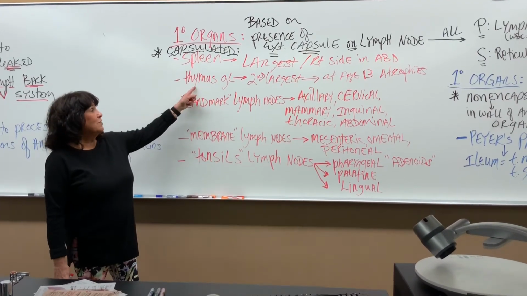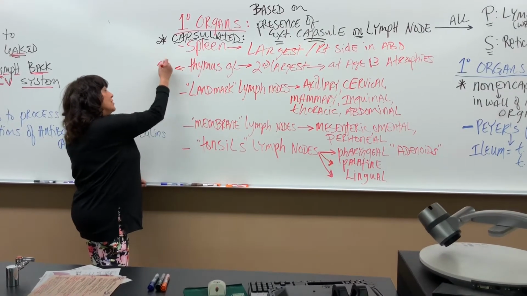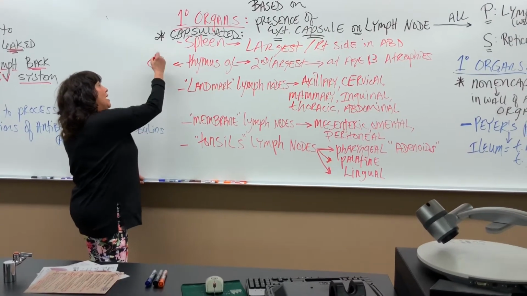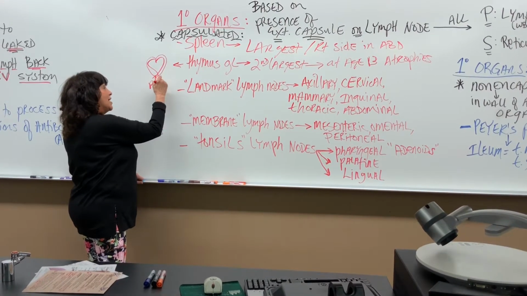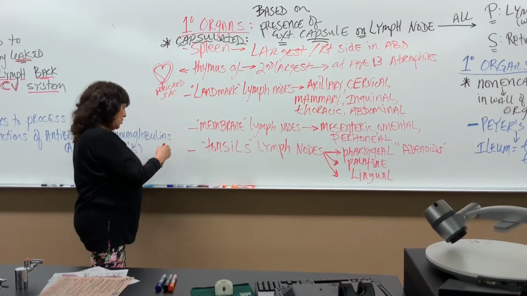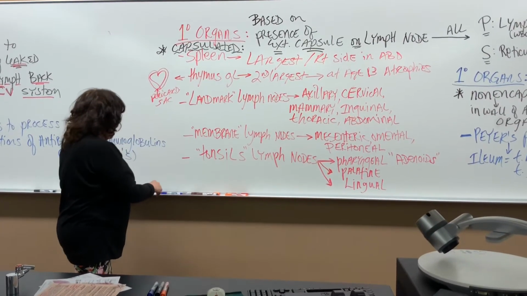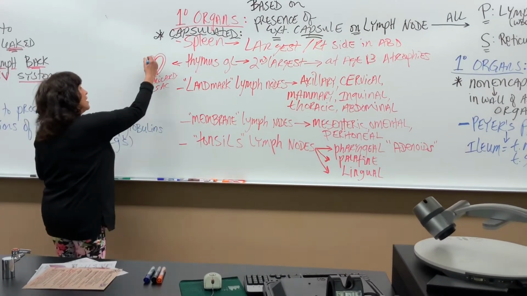And where do you find the thymus gland? The thymus gland is actually going to sit, if this is the heart, and then we've got the sac around the heart. This is the pericardial sac right here. And so the thymus gland is actually going to sit on top of the pericardial sac, right?